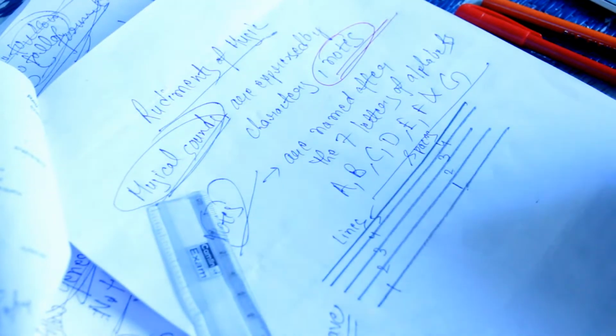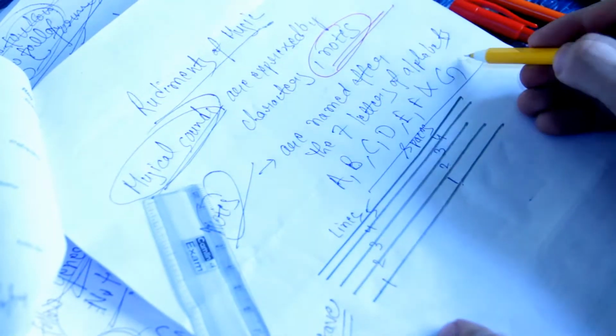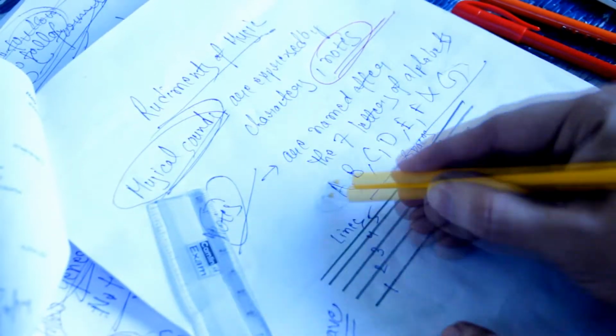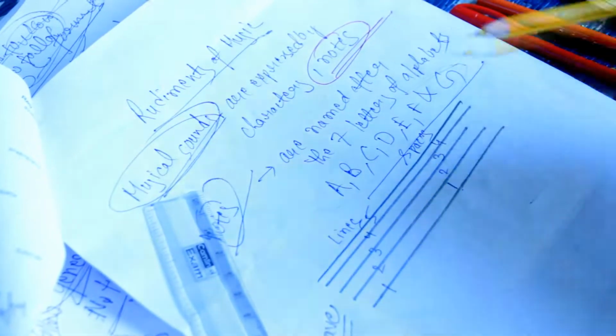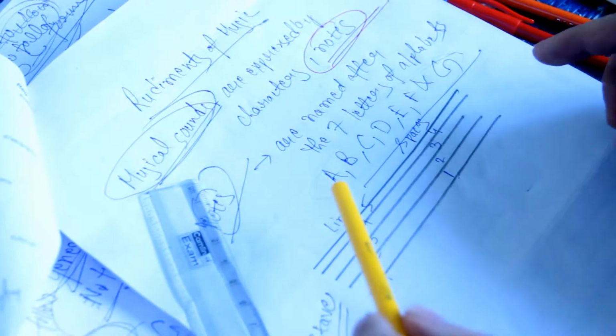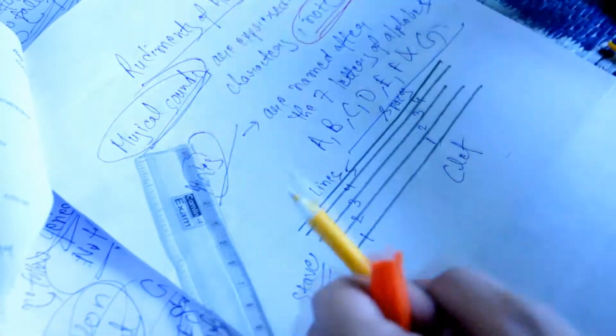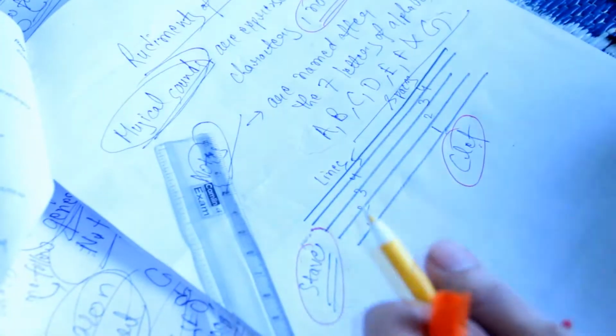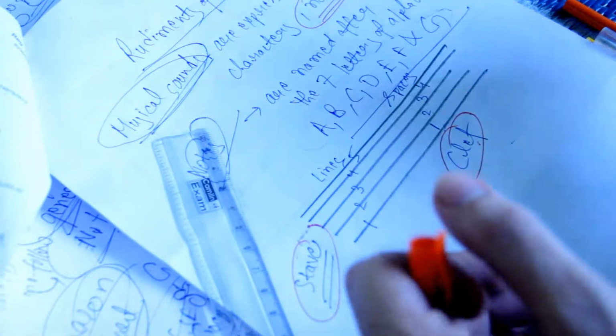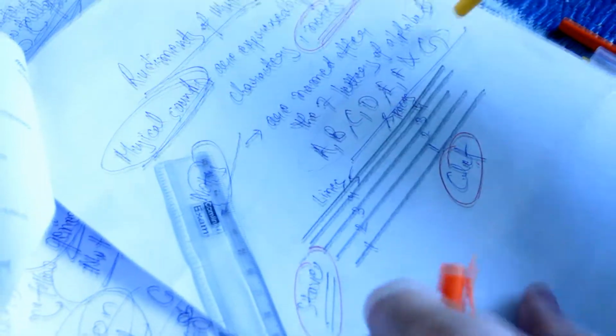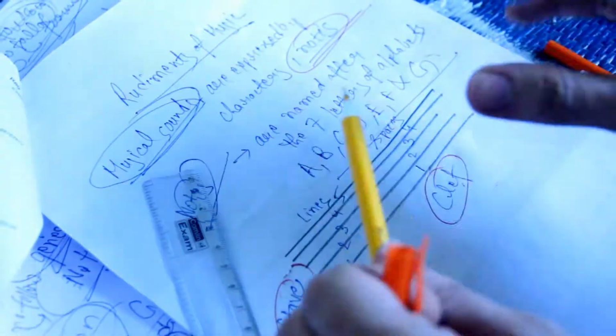Now we have these musical notes, and we have to place them on the staves. What notes we place on a stave depends upon an important parameter called the clef. So another term you are getting: stave and clef. I am repeating once again, there is a certain rule.